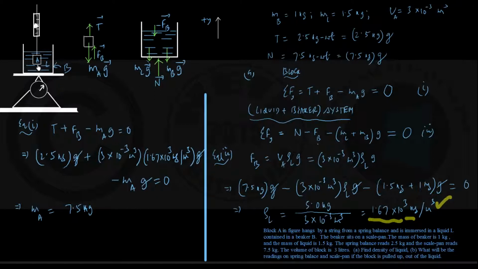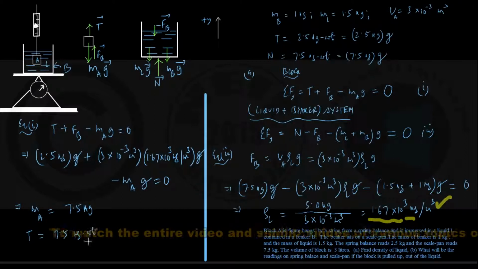Therefore both the spring balance and the scale pan record the true weights of the block and the liquid beaker system respectively. So since the mass of this block is 7.5 kg, the spring balance records a weight of 7.5 kg weight. That is the reading of 7.5 kg only.